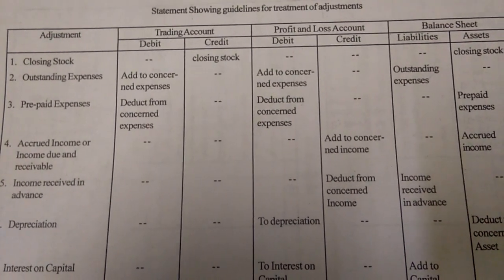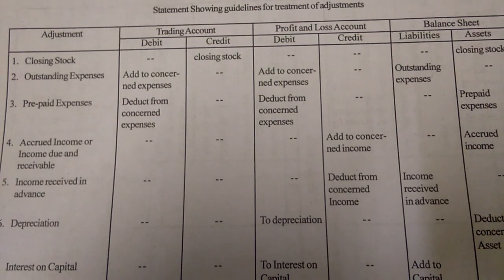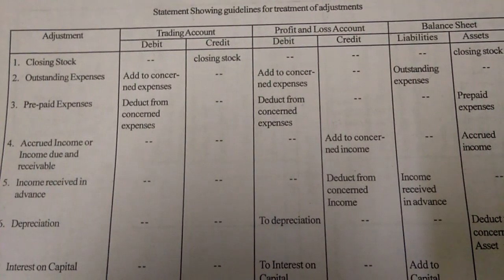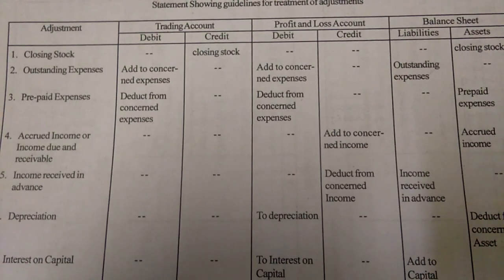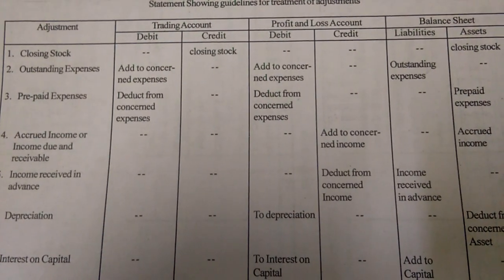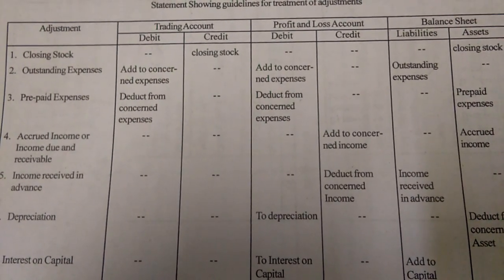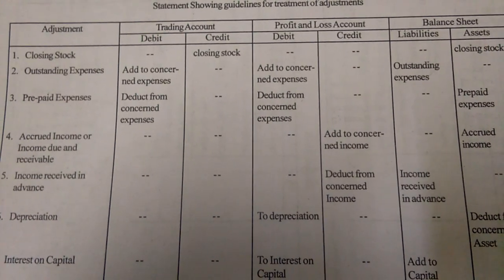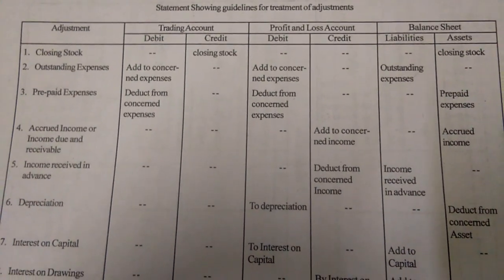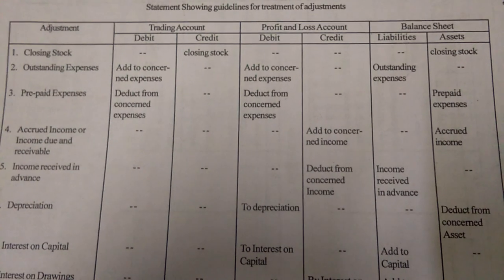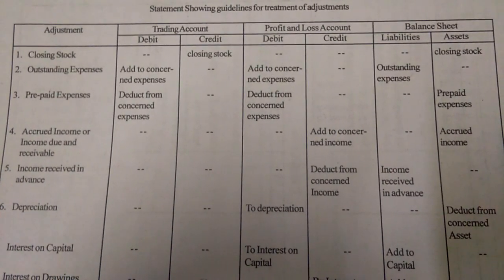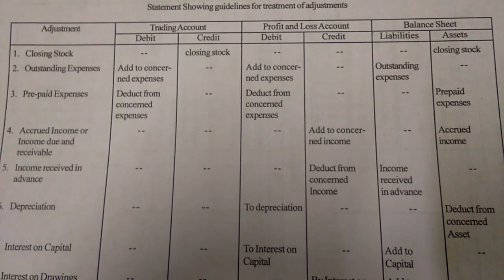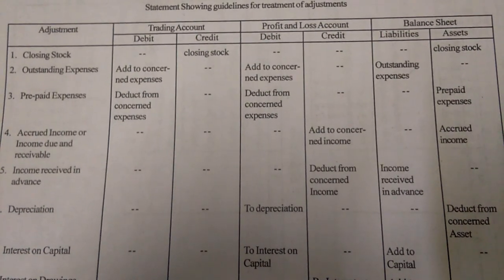If they are direct expenses, show in trading account. If indirect expenses, debit in profit and loss account, add to concerned expenses. And in the balance sheet, we show it on the liabilities side.